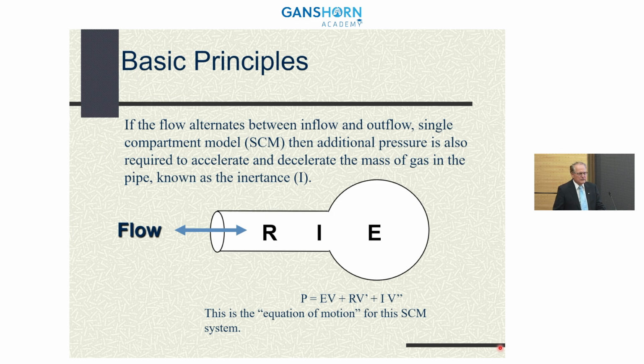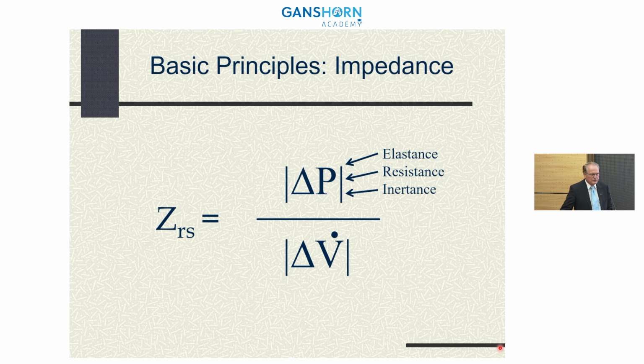So the resistance to flow, which is created by pressure, is the resistance, the inertance, and elastic properties of the lung, and that is the equation of motion.